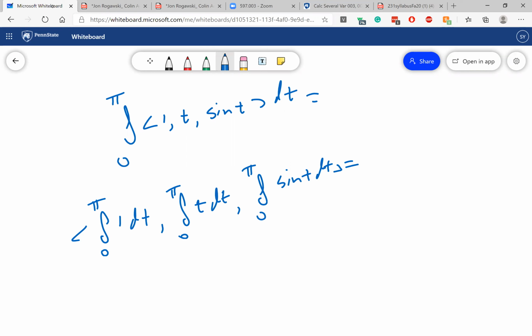The 1 over here is going to get us to pi, and then this is going to be t squared over 2, so pi squared over 2. And then this over here is going to get us negative cosine pi plus cosine 0.